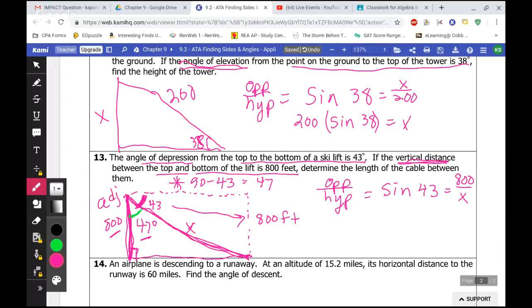If I use the other one, I have to do this first, because the angle of depression is where you start from that imaginary horizontal to the bottom. And what did you get? 1,173. Yeah, that is correct.